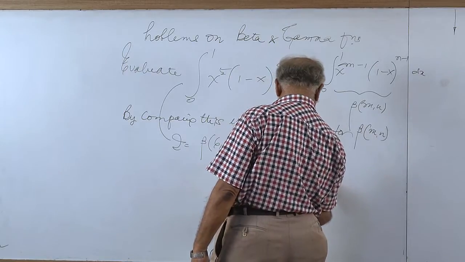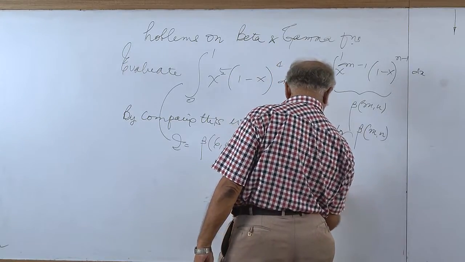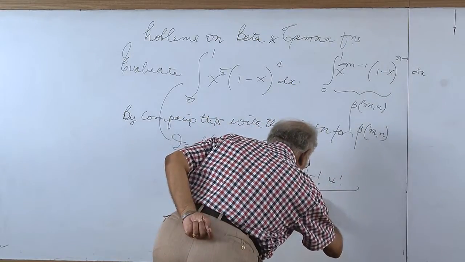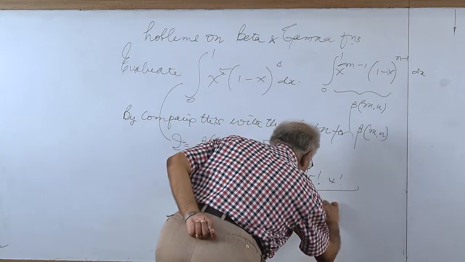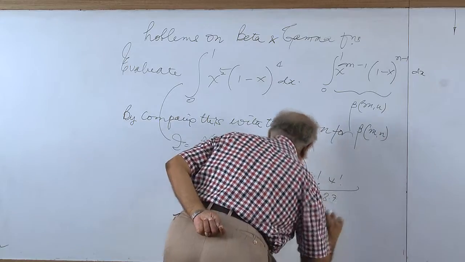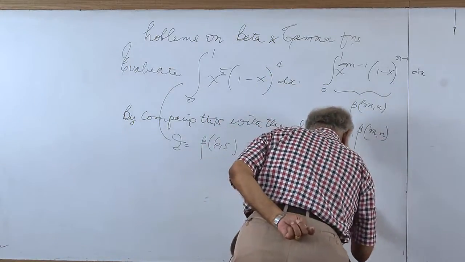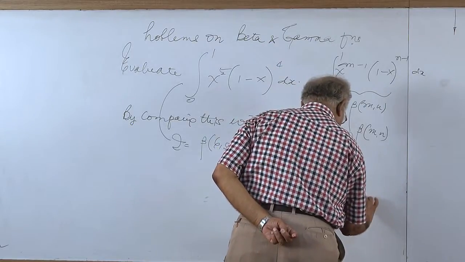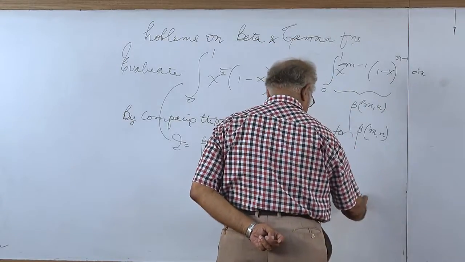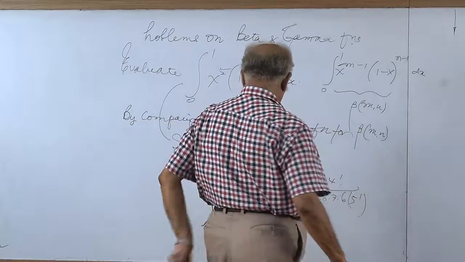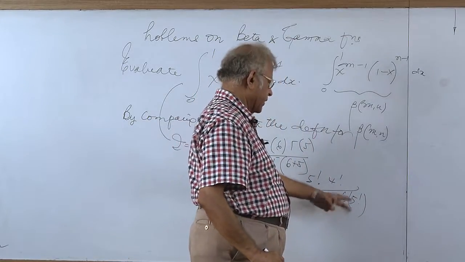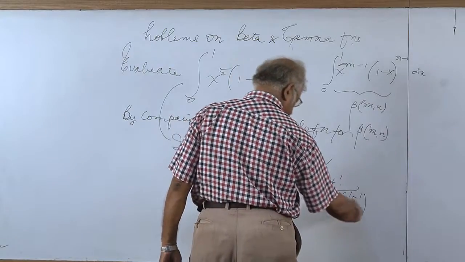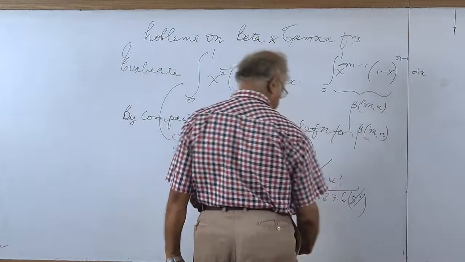This is factorial 5, factorial 4. This we will write as 10, 9, 8, 7, 6, and then factorial 5. 10, 9, 8, 7, 6, 5, 4, 3, 2, 1 is factorial 10, so we've knocked off factorial 5.